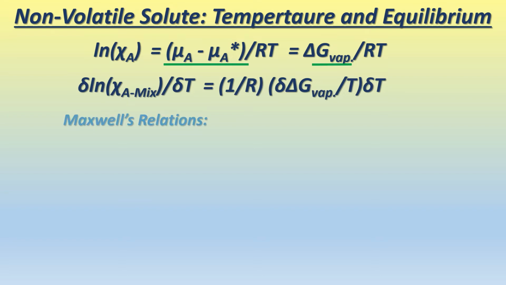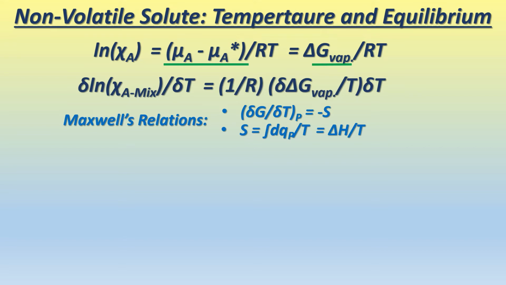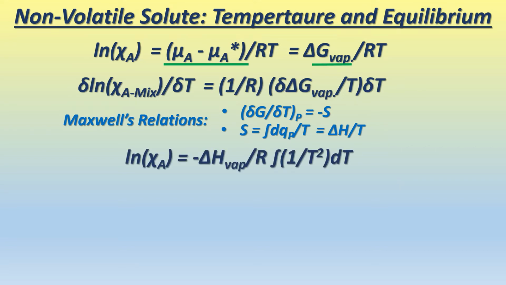From the video on Maxwell's relations, the change in G with respect to T is equal to minus the entropy. Entropy is equal to dQp over T, since the temperature is changing at constant pressure, or in other words, delta H of the transition. So this simplifies to log of the mole fraction of solvent is equal to minus the heat of vaporization of the solvent over R times the integral 1 over T1 minus 1 over T2.